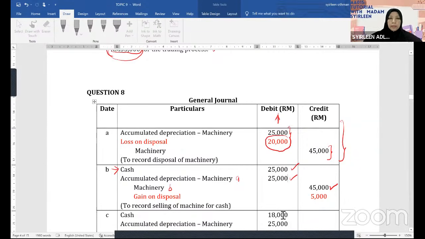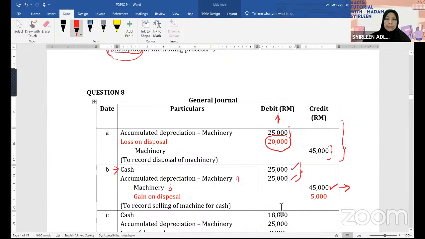Tapi on the credit side, kita cuma ada 45,000 saja. So your journal is not balanced. So amount yang kita akan tambah adalah nilai di sebelah credit, dan the top up amount that you need to fill up is 5,000 ringgit.